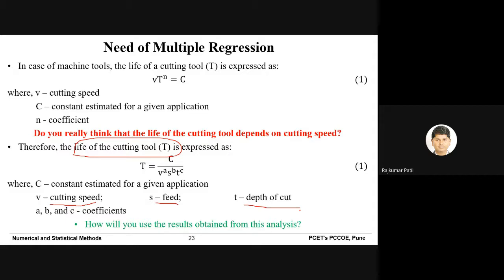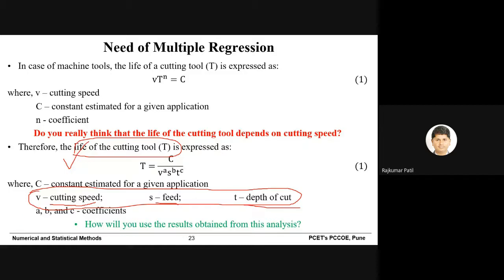Either to improve the life of the cutting tool, that decision you can make, or if you know the life of the cutting tool, then you can select the range for these variables. So there are n number of situations and n number of things that you can do.